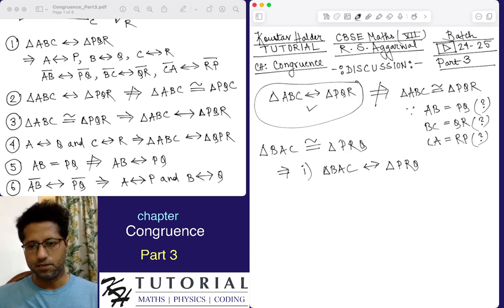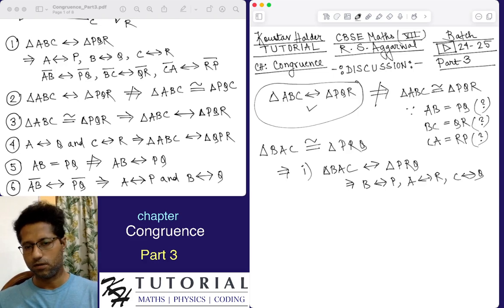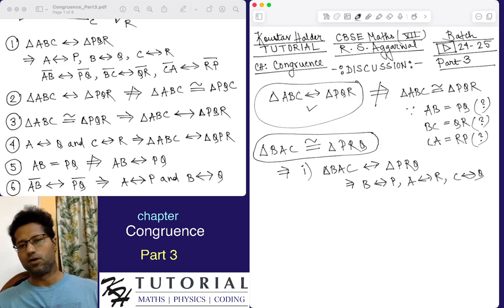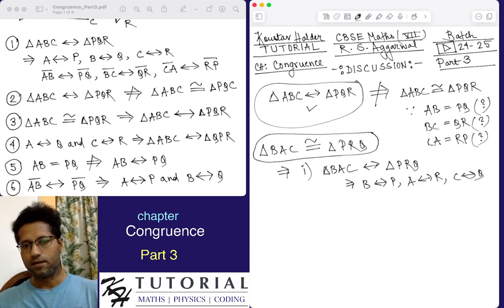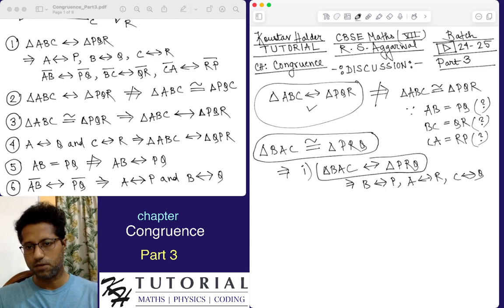Which indirectly implies that B is mapped to P, A is mapped to R, and C is mapped to Q. So first thing, if it is said that the two triangles are congruent under a specific correspondence, we are automatically saying that under a given correspondence, which is this, the triangles are equal.